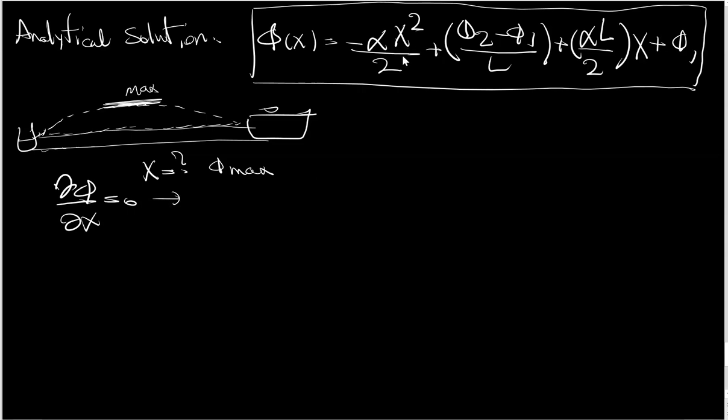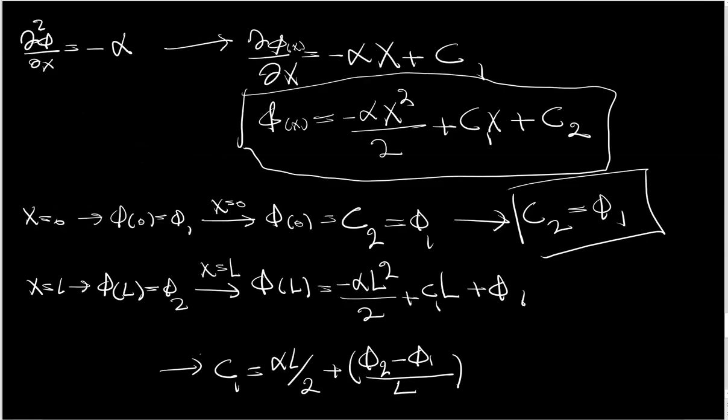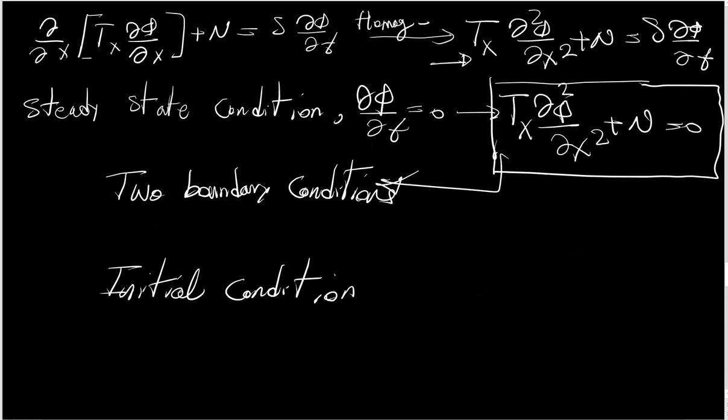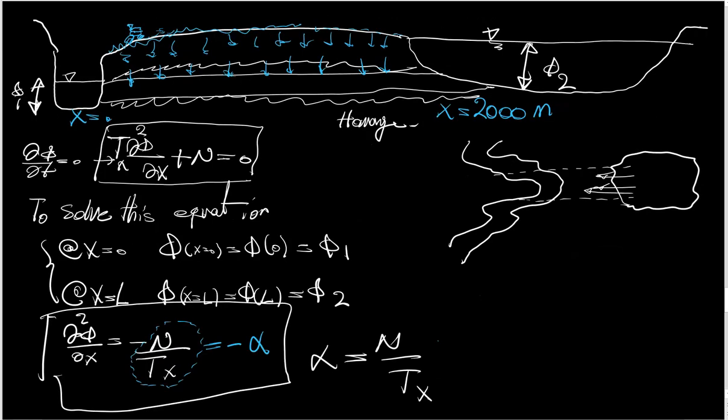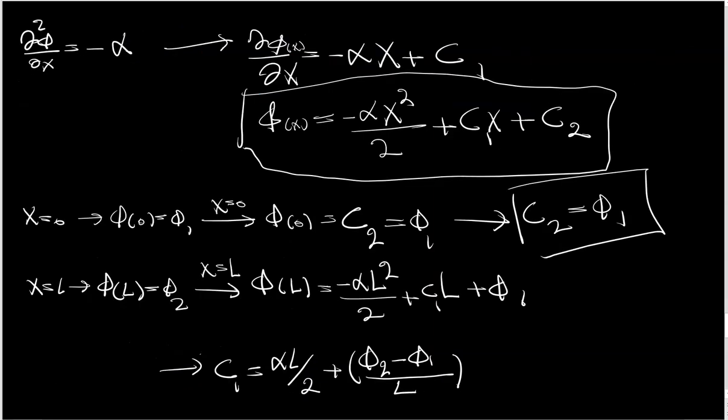I can directly find the first derivative of this equation, or if you go back, you will see that we already calculated it somewhere here. Yeah, if you look at this, we already have this formula. This is negative alpha x plus c1, and the c1 is this.